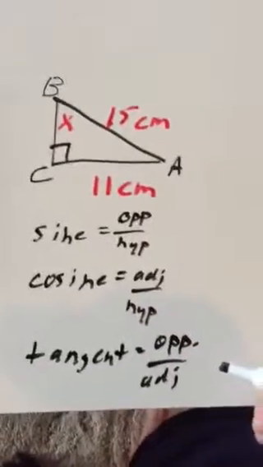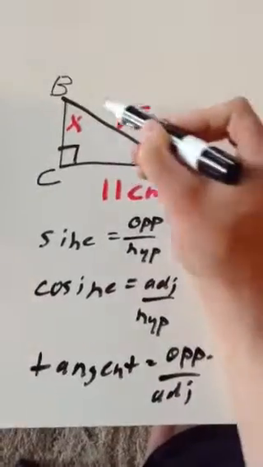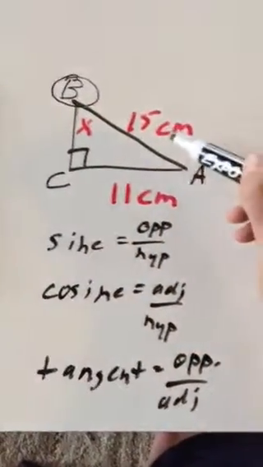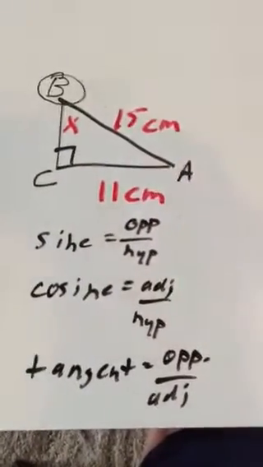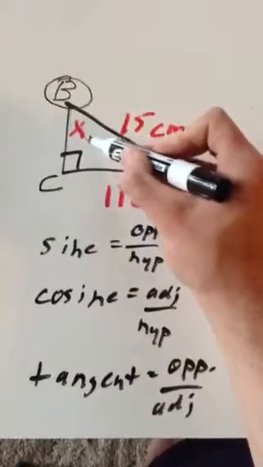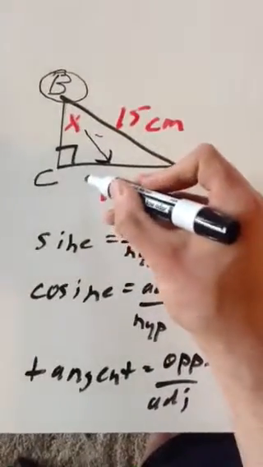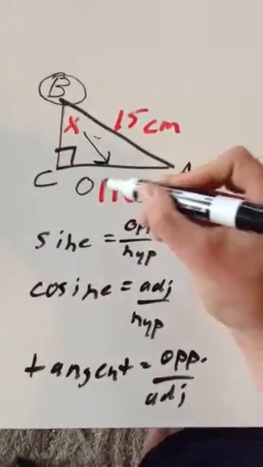Cool. Alright, let's label our triangle. If we're going to do anything with this angle up here, we need to label it. Remember, you're going to start with the angle you are given. You might say, Mr. Hammer, I'm not given an angle. You're correct, but we know we need to find X, so that's where we're going to start. So I'm going to draw my arrow across. Whatever's across is my O, or opposite side.